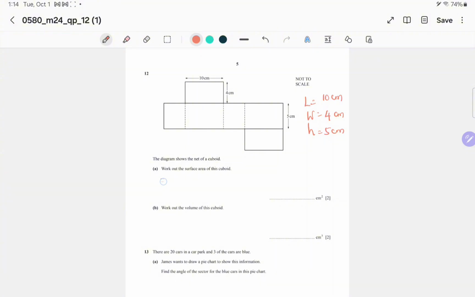So surface area of the cuboid is equal to 2 times length into width plus width into height plus height into length. So 2 times 10 into 4 plus 4 into 5 plus 5 into 10. So our total answer would be 220 centimeter square.